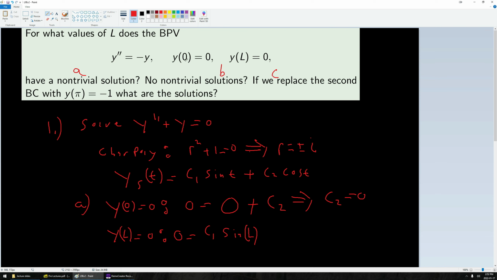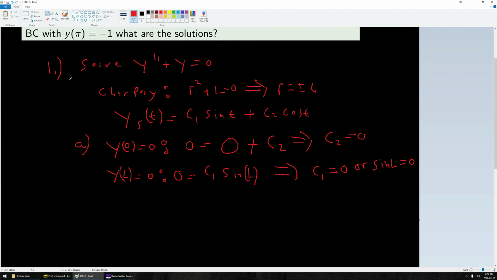Now, tweaking my problem statement a little bit so it does what I want, we're now looking for non-trivial solutions. So here, if this thing is 0, then since we're doing arithmetic in the real numbers, either c1 is 0 or sin(L) is equal to 0. Since I now want non-trivial solutions, c1 cannot be equal to 0.